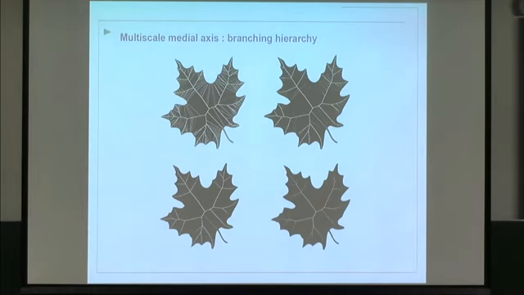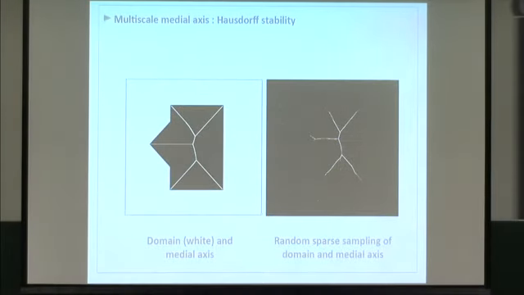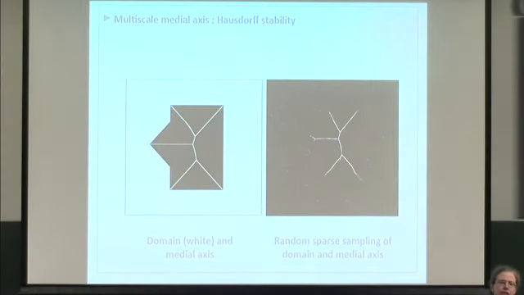Possibly. Okay, and this is an example that illustrates the stability. Here, this is our original domain. The one on the left, we take the original domain as the white bit, and the medial axis is just the white lines inside. And on the right-hand side, you can possibly see there are just some white dots.